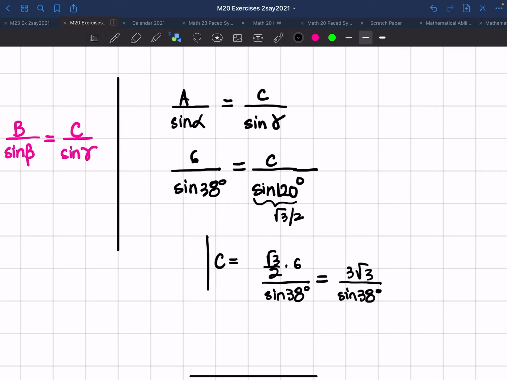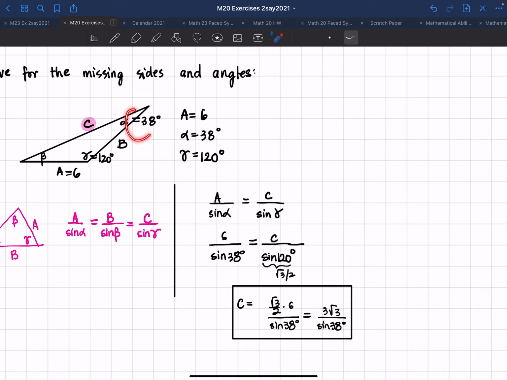Ayan si C. So, okay na ito. Highlightan natin yung mga tapos na. Okay, masasolve ba natin si beta? Yes, so 180 minus 38 minus 120 lang yun. So, beta is 180 minus 120 minus 38 degrees. So, beta is equal to 60 minus 38. I think that is 22.